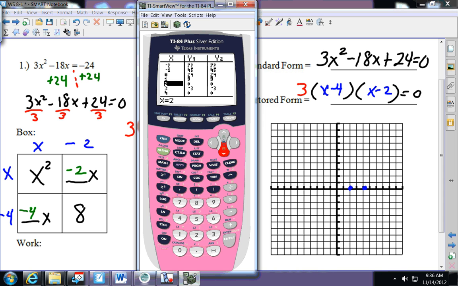Now, really, you should graph the vertex. What is the vertex? What does it mean? The lowest point or the highest point, right? It's the point where the parabola changes direction. Well, let's look here.